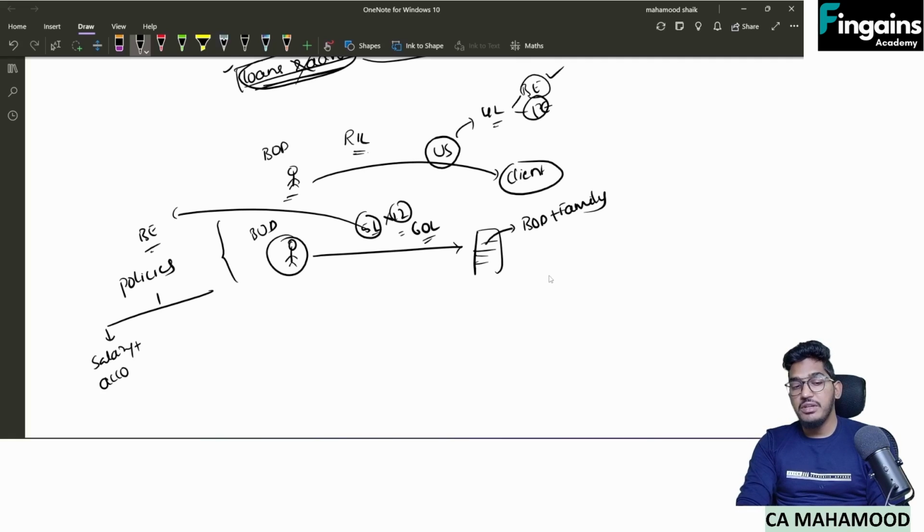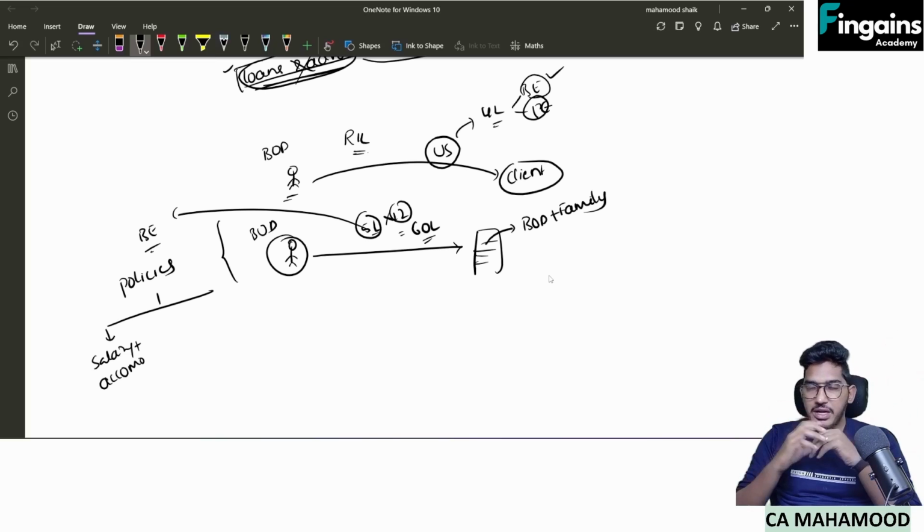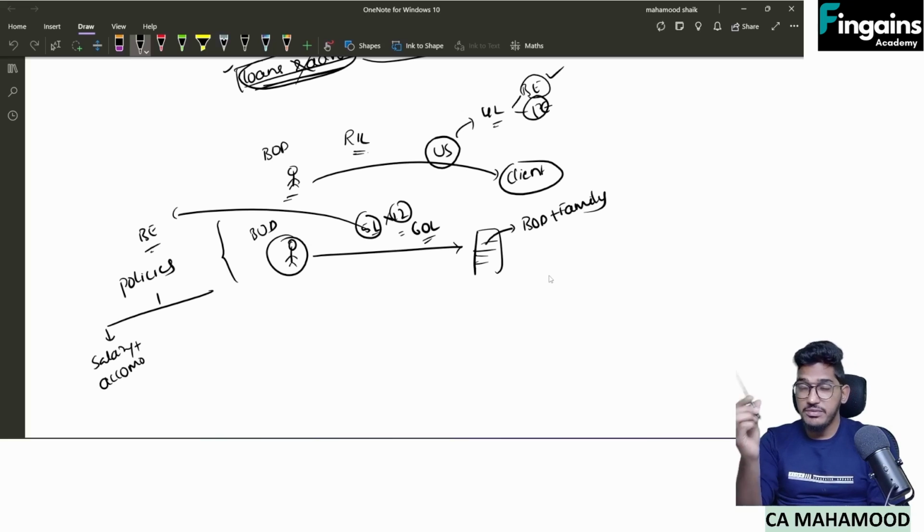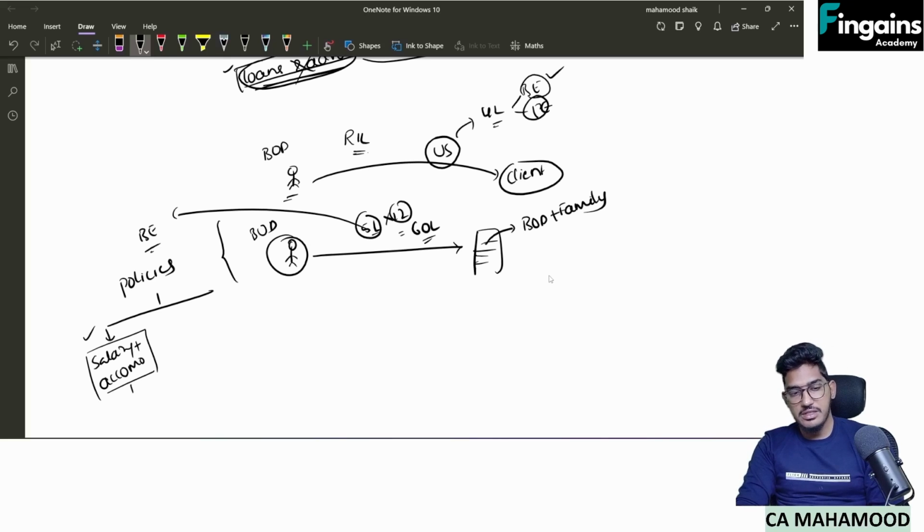If the employee agreement says the company will give him salary and is also responsible for the director's accommodation, then rental expenses form part of the package. If there is such a policy, it can be treated as a business expense.